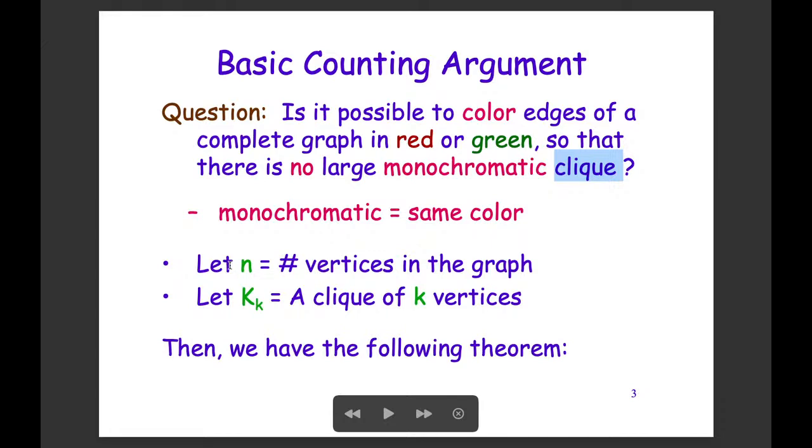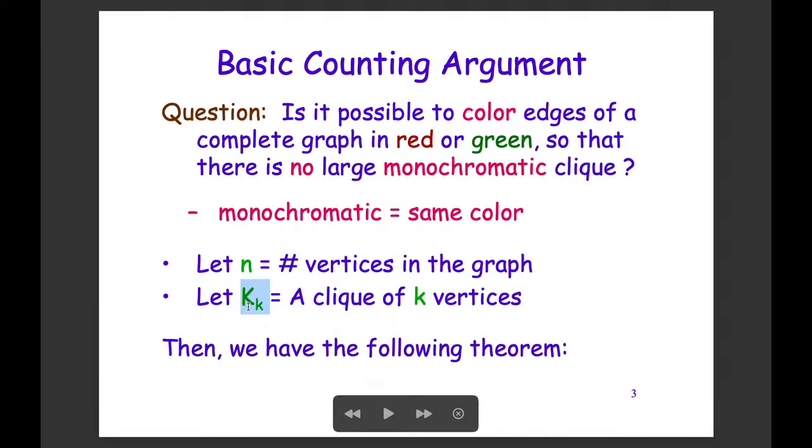To fix our notation, we use n to represent the number of vertices in the graph, and we use big K_k to represent a complete graph with k vertices. The intuition here is that if n is very large, then it is more and more difficult to avoid a red K_k and a green K_k at the same time.